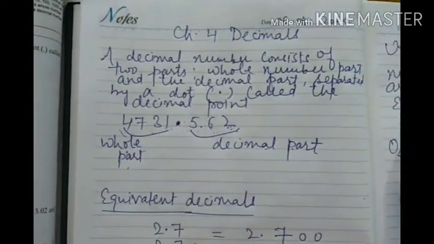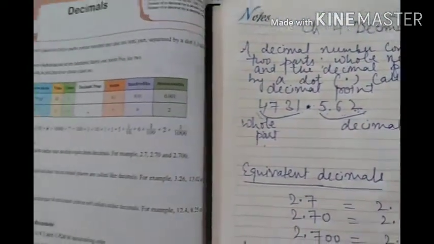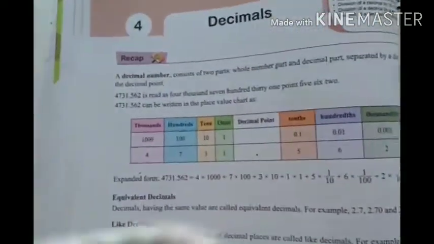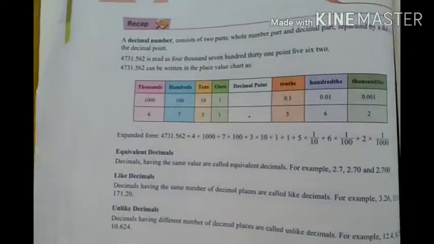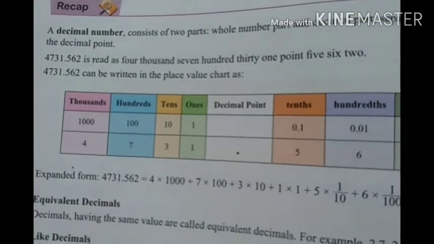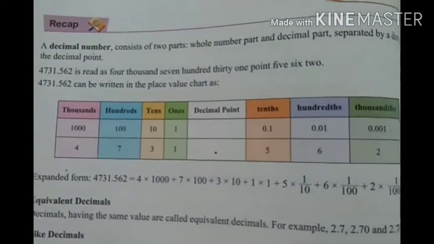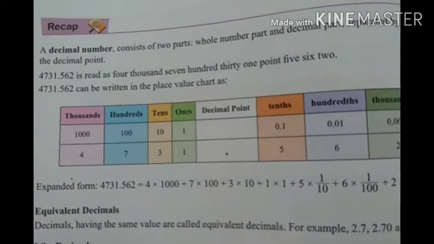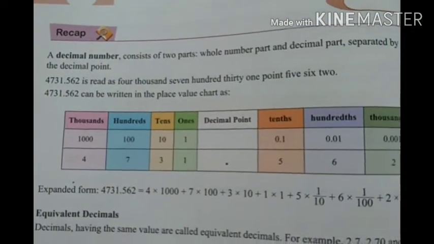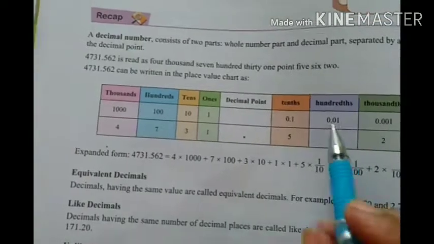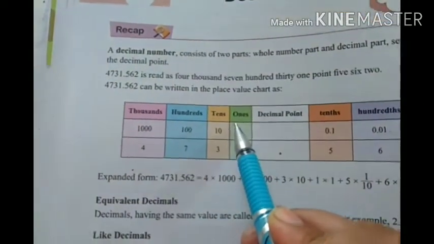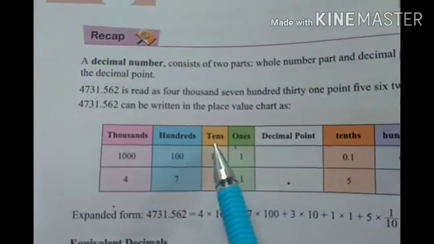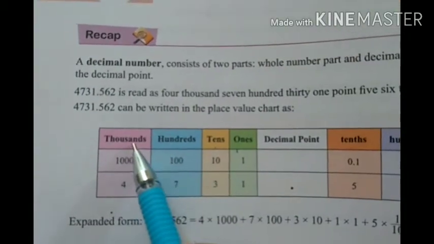And how to show it in the table like this here. Here the chart is like this. Earlier you have learned about place value systems, international place value systems. You started from ones, then tens, then hundreds, then thousand.